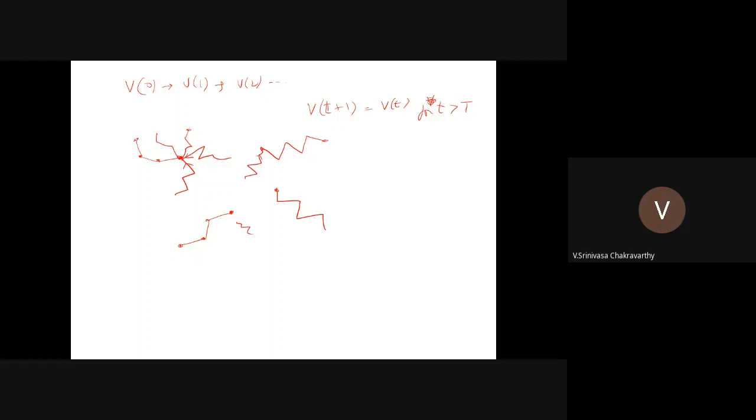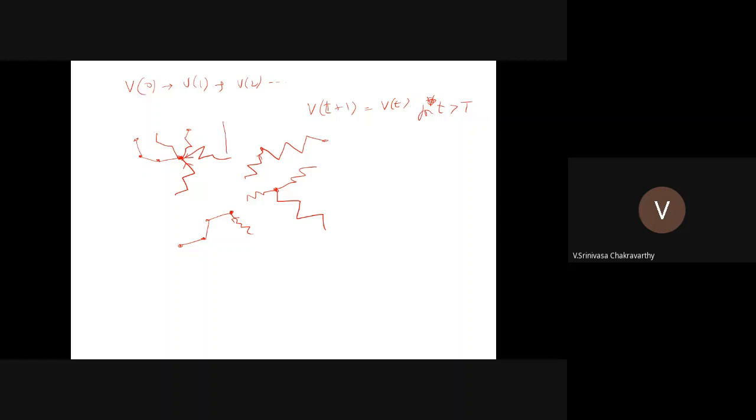My space of initial states is much bigger than the set of final states. Suppose we guarantee that this is the kind of behavior you'll get from the network. Then you see that it's doing something very interesting.